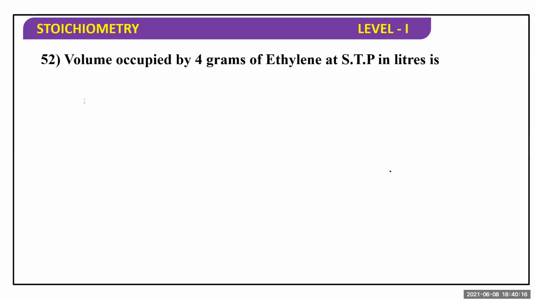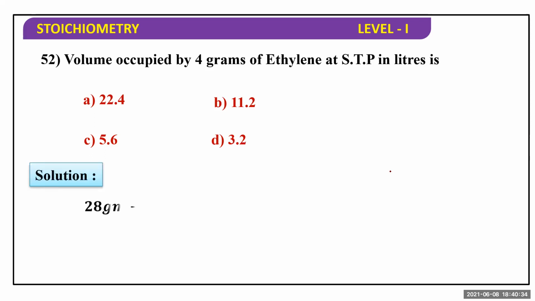Yes, sir. Volume occupied by 4 gram of ethylene at STP in liter is, which one is the correct? 28 gram contains 22.4 liter.